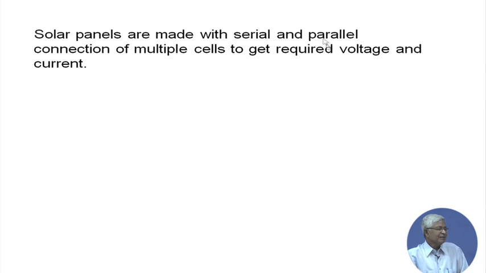So solar panels are made with serial parallel connection, because each of the solar cell gives, you have seen, a fraction of a volt, roughly 0.5 volt. But in the electronic circuit we may need 5 volt, 15 volt, and then we may need much more current. So serial parallel combinations are done.